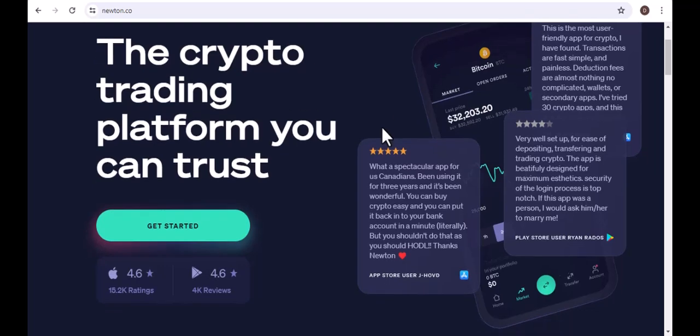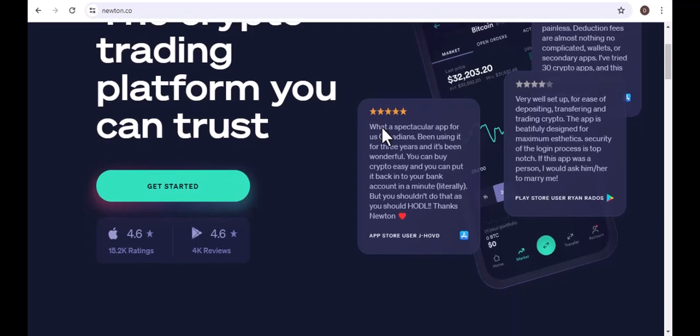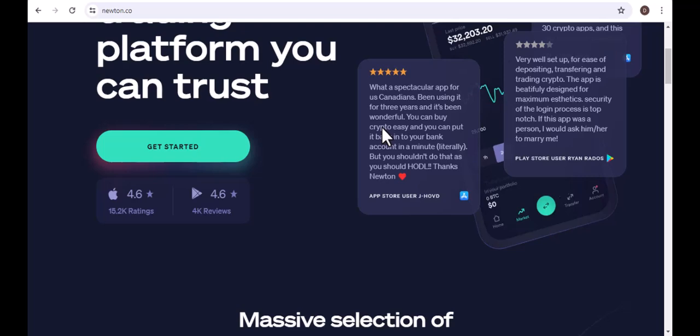This is a significant offering, as USDC is one of the most widely used and trusted stablecoins in the world, backed by audited US dollar reserves. The availability of USDC on Newton means Canadian users can easily acquire a US dollar-pegged stablecoin, providing them with a stable asset to hold, trade, or use for various DeFi applications.